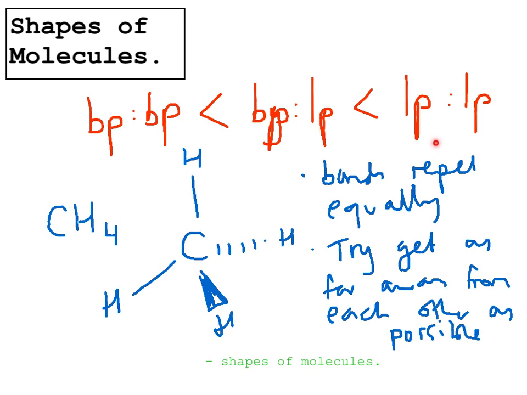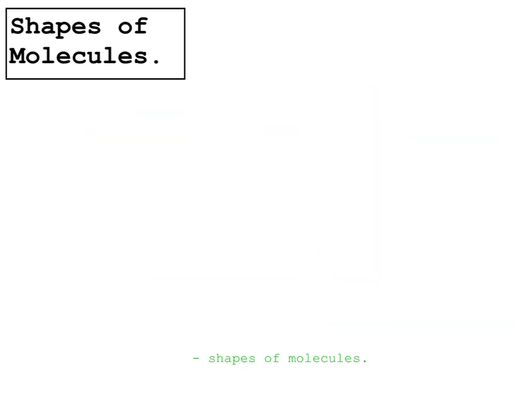This is the important bit, the fact that each bond repels each other equally. Now if you had lone pairs in amongst there as well, that would affect this shape, because the lone pairs would repel more, and so that means the bonds would be squashed together a bit more, and we'll see that happen in some examples later on.